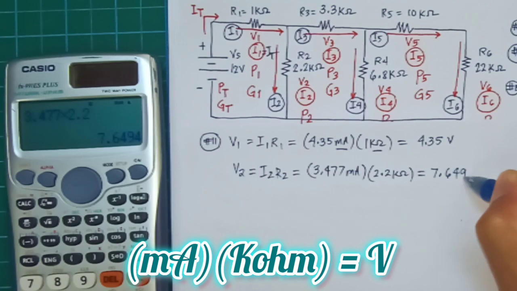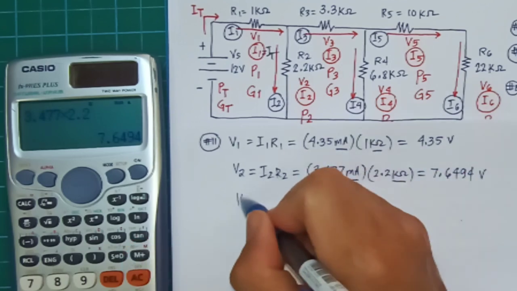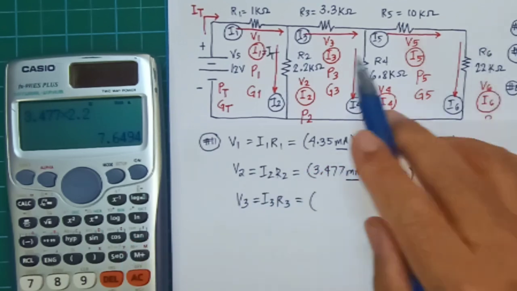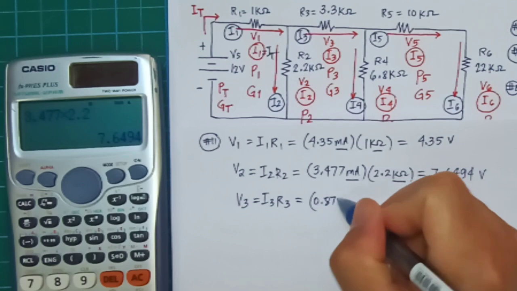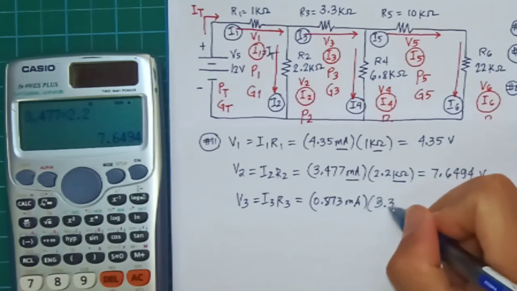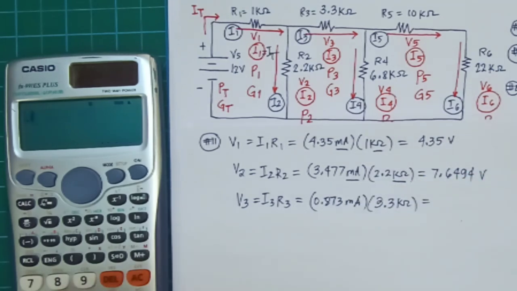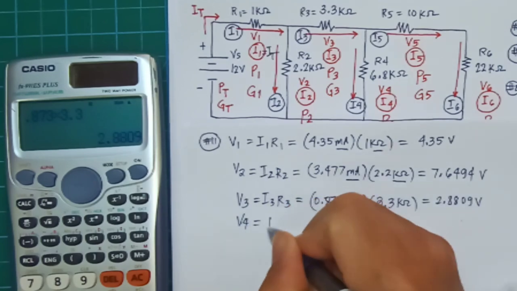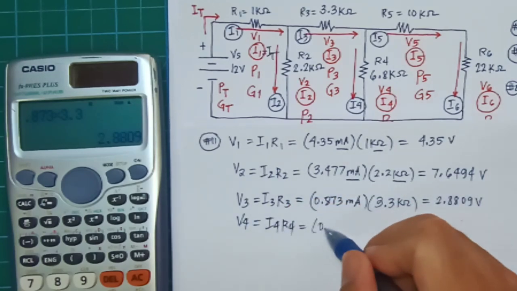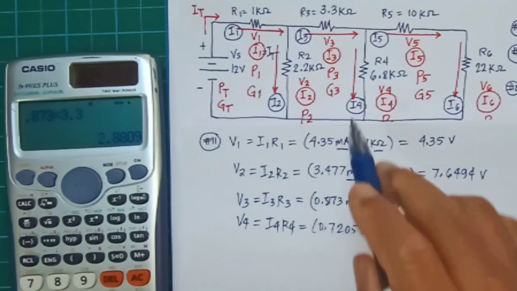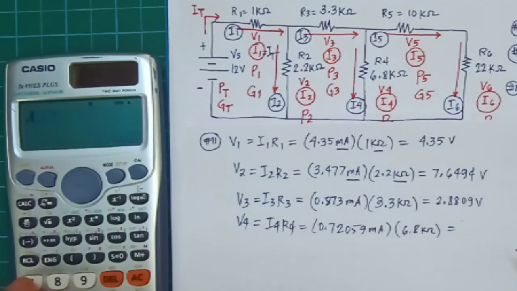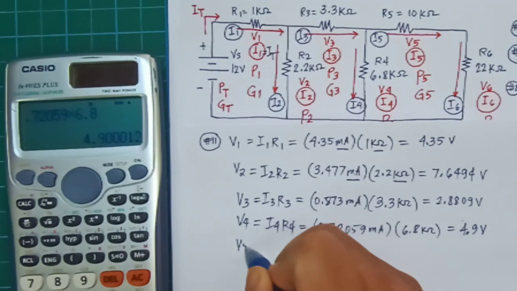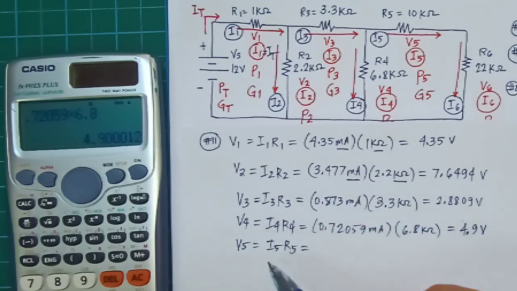And so we can continue calculating for the other voltages. V2, V3 we will get in the same way, using Ohm's law: current multiplied with the resistance. And we also have V4, I4 multiplied with R4. We have V5, I5 multiplied with R5.